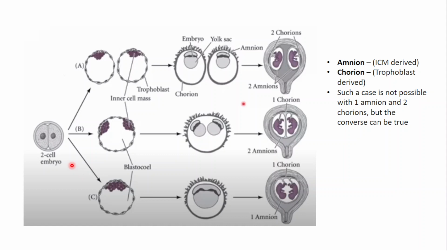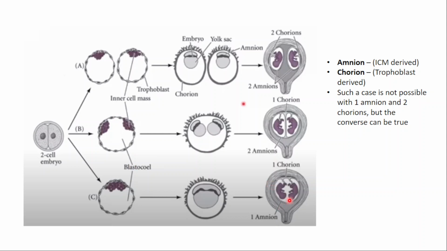And in the other stage, in some very rare cases, the trophoblast can be intact, but the inner cell mass has two different constitutions. The inner cell masses are not very far apart to form two different amnions.